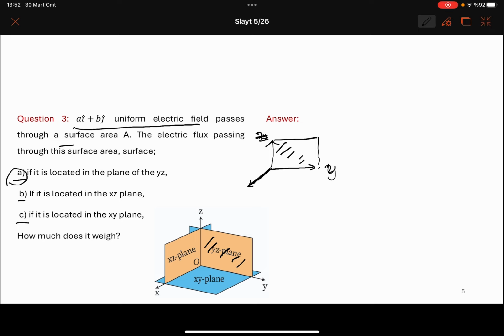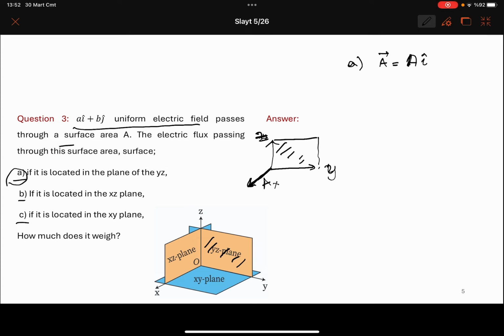Can you see? This one is perpendicular. So I can say the surface vector is along the x axis.